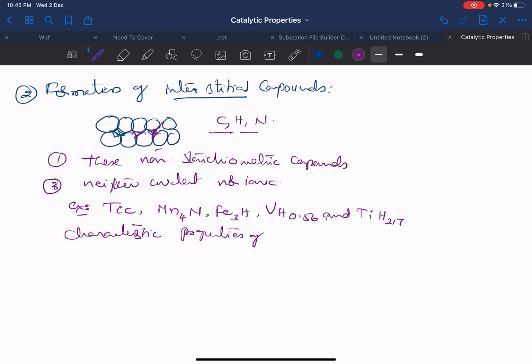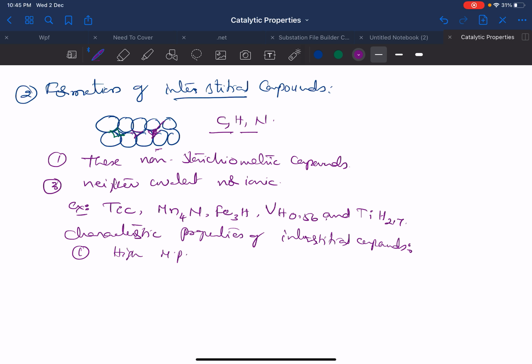Next is the characteristic properties of interstitial compounds. What are the main characteristic properties? First, they have high melting and boiling points.